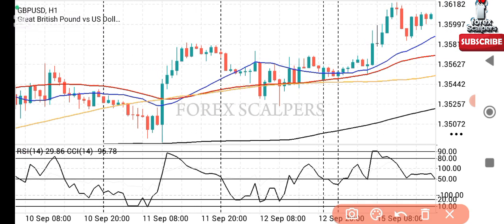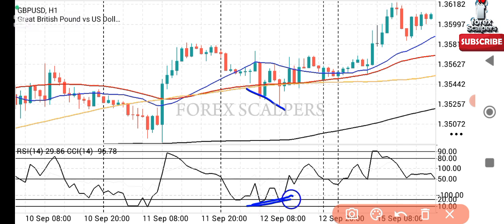Here is another typical example. You can see this is a bullish pin bar, and price closes. In this case, price was coming from the level of 20, and you can see that cross there. And if you look carefully, this is a typical divergence.